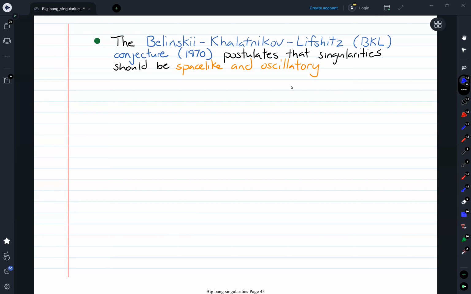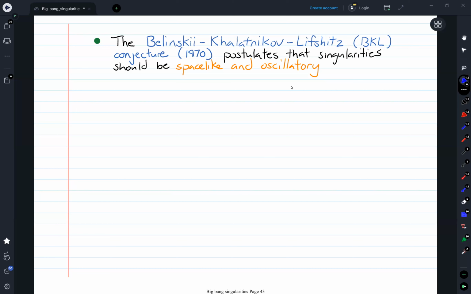Here space-like and oscillatory, and I left out the word generic, none of them are really defined rigorously, right? So this is a physics conjecture. But nonetheless, if you look at their arguments about why they say this, it is certainly reasonable to make this conjecture.